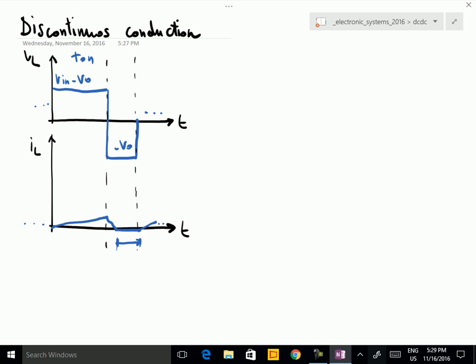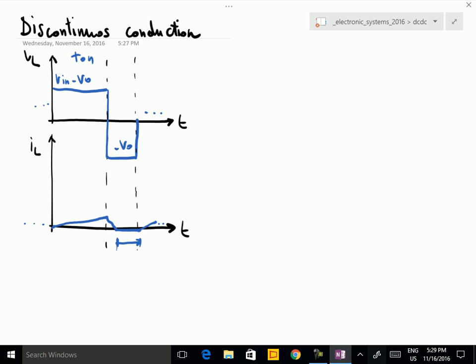There are no spikes because the current goes to 0 gradually. So there are no spikes, but still the current is going to 0. Of course the calculations we have done before, to compute the relationship between the output voltage, the input voltage, and the duty cycle, do not hold anymore.